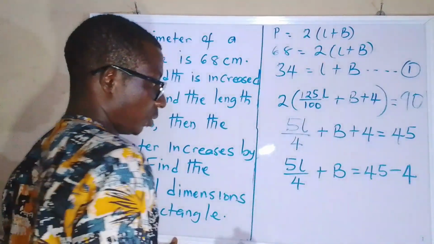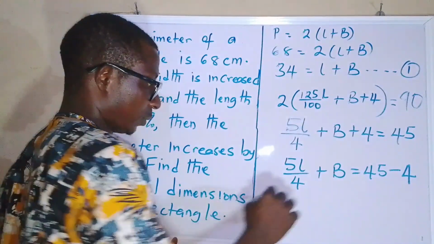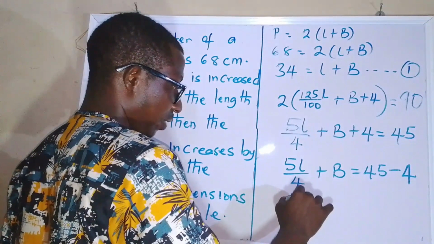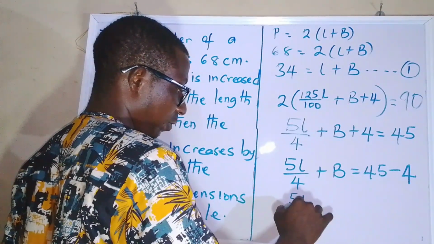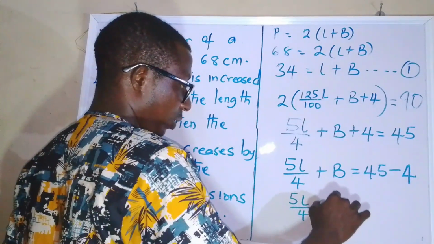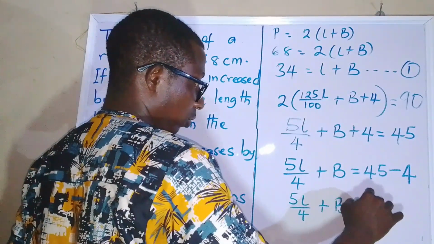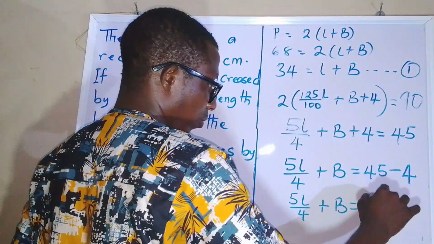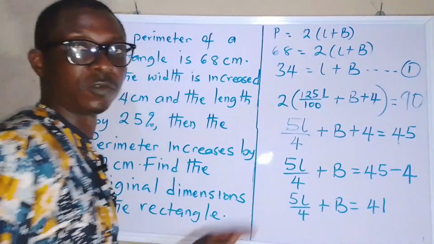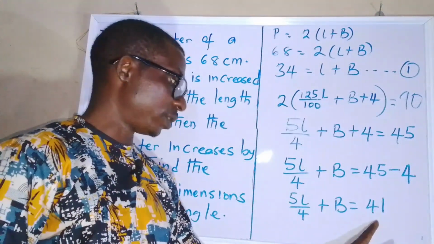So you have 5L over 4 plus B equals 41. So 45 minus 4 is 41.